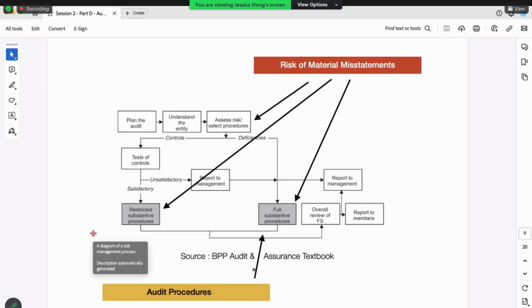So I know that maybe some of you have this kind of working experience. But in the exam, the examiner expects you to write the audit procedures in response to the case studies.